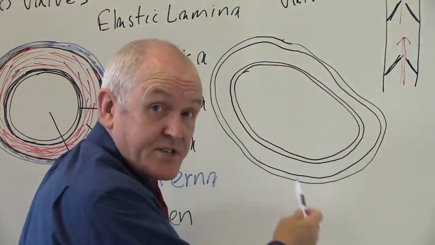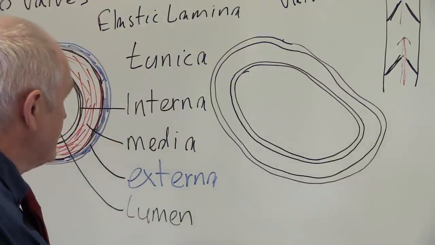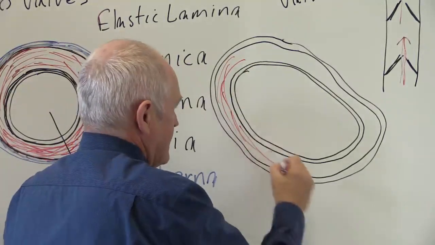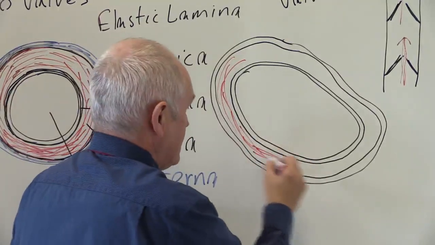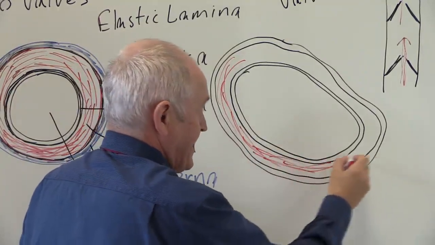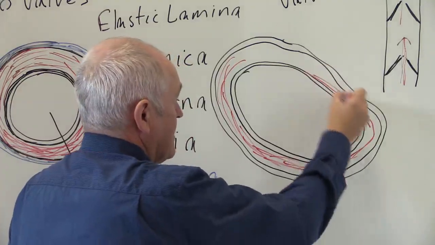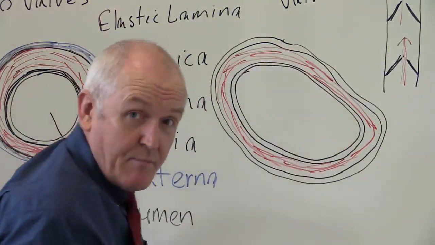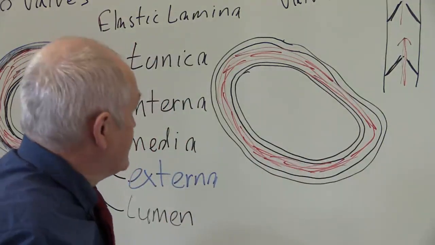The intima is vascular endothelial cells. The media is smooth muscle and some elastic fibres. But the veins do not have the elastic lamina that the larger arteries do.